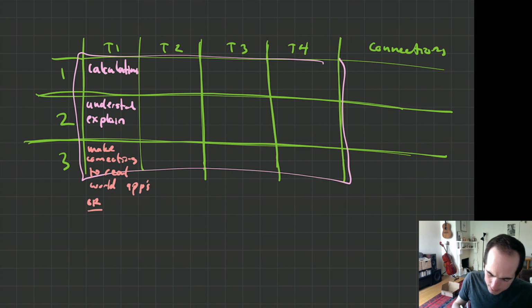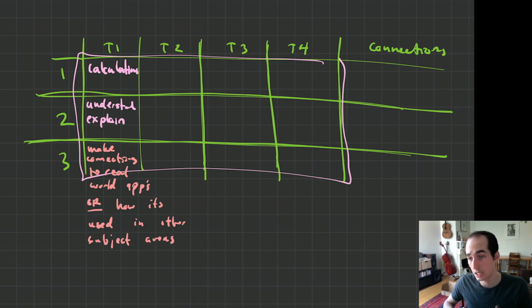So it doesn't necessarily have to be a real world application. It could be how this topic is used in other subject areas, like physics or computer science, or other grade levels.